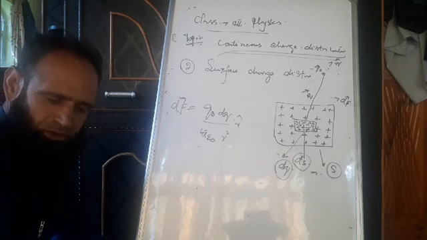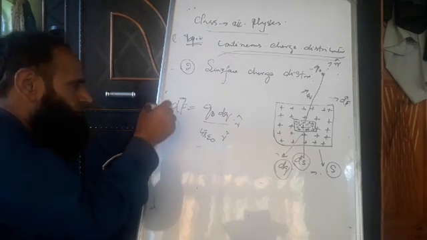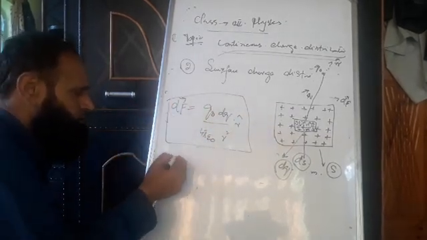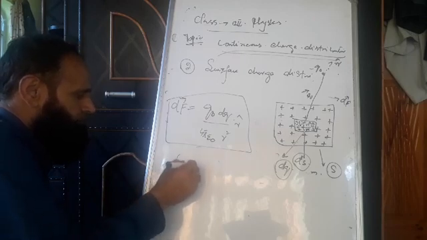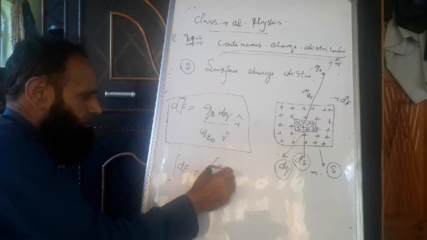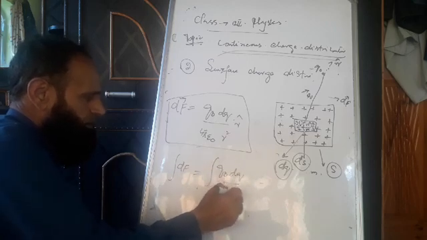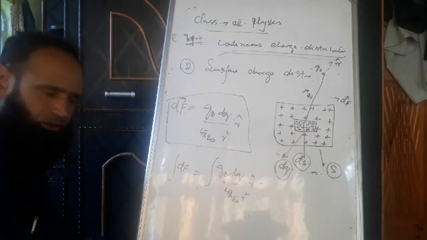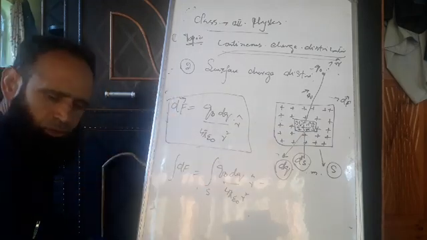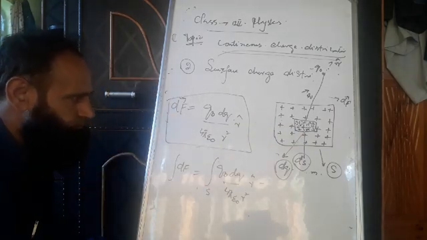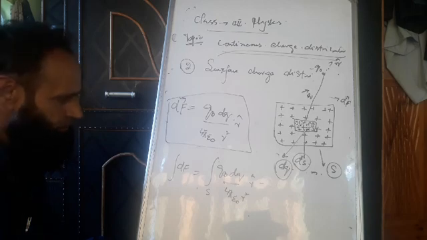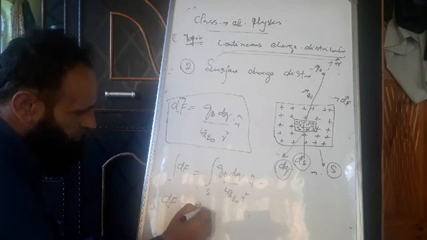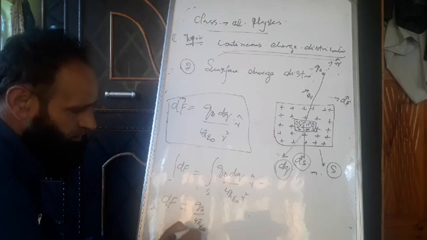Now the total force on charge Q naught is the sum of these forces. We get the total force by integrating df, which is the integral of Q naught dq divided by 4 pi epsilon naught r square times r cap, over the whole surface. We take Q naught over 4 pi epsilon naught outside.